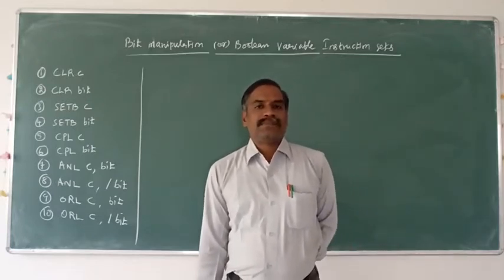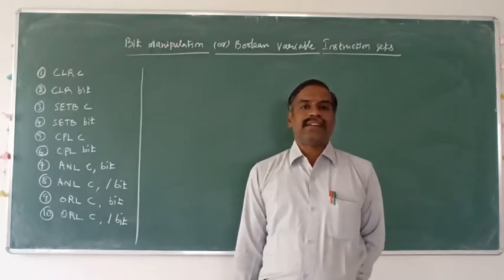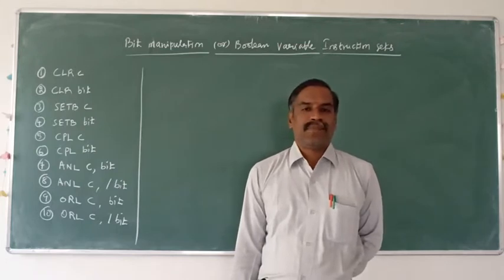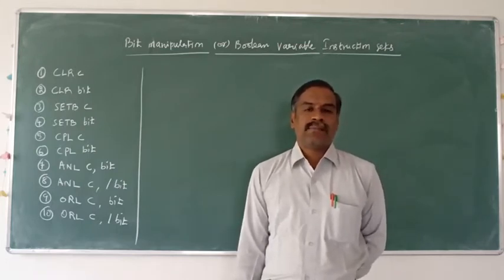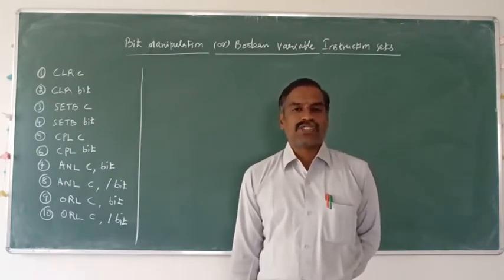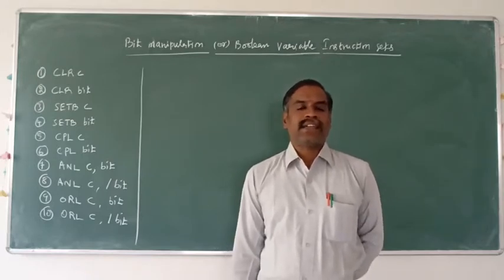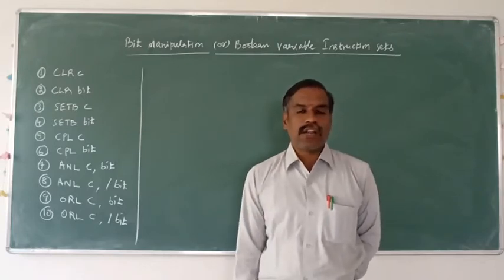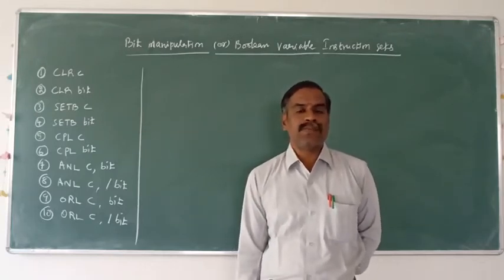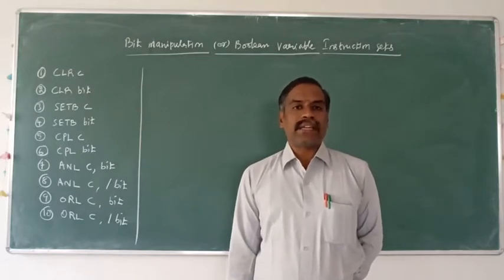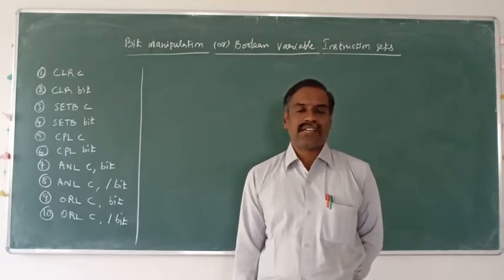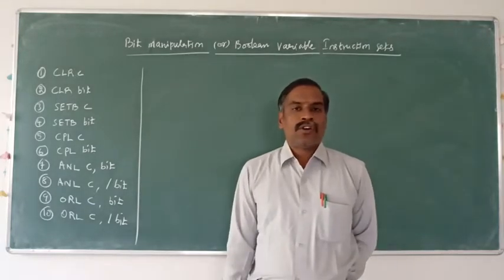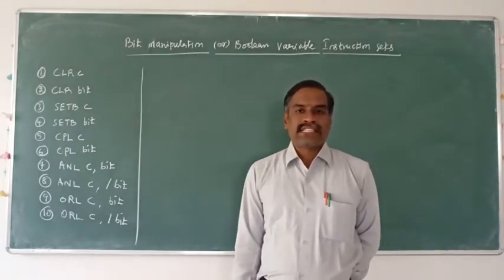Clear the bit, set the bit, move a particular bit, complement a particular bit, and logically OR that particular bit. All the instructions are related to single bit operations. Total 17. In part 1 video, we will discuss the 10 instructions.